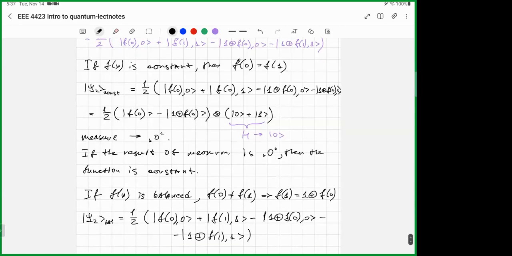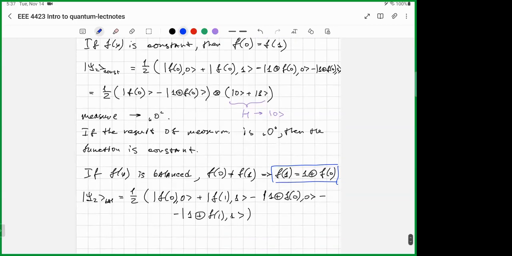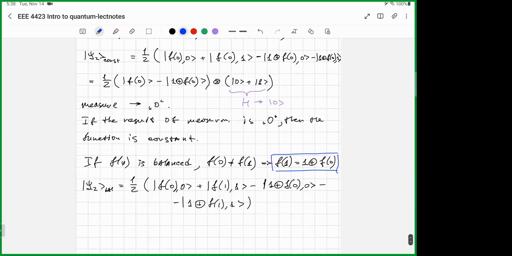So now we use this property that in the balanced case, the value of the function f1 is equal to 1 plus modulo 2 f0, and substitute it for the function f1 here and here.